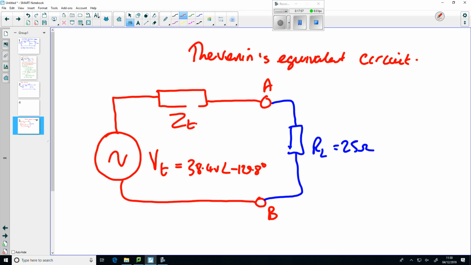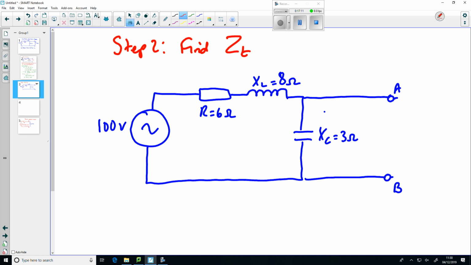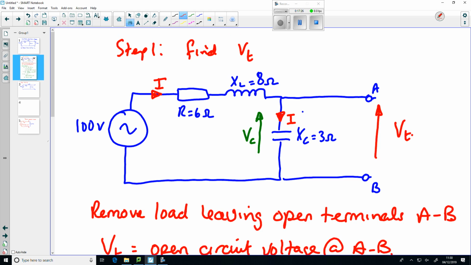Oh, no, you didn't, because Z total of that circuit. Don't get them mixed up. That's why I used the little t for the Thevenin's equivalent values. Yeah. Alright? All you're doing there is finding the total resistance of this loop with respect to that voltage. Thevenin's is different to that. Alright?